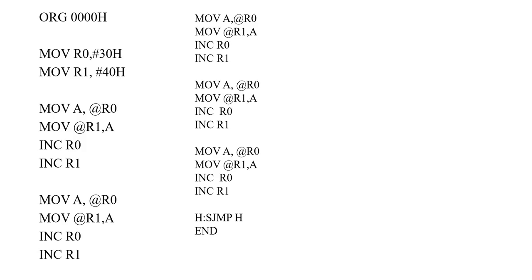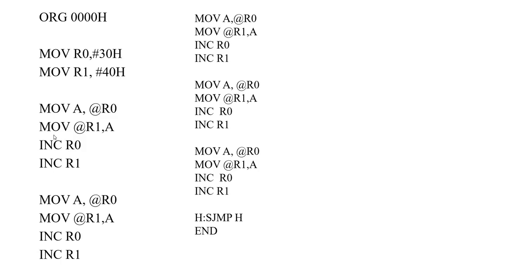So now next will be our data transfer loop. This is our data transfer loop. This step performs the data transfer from memory locations 30H to 34H to 40H to 44H.